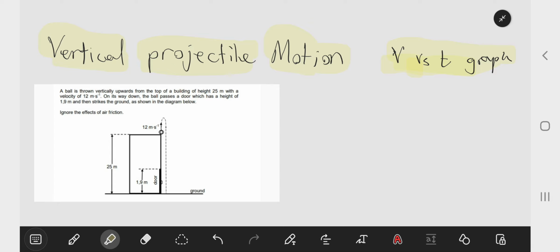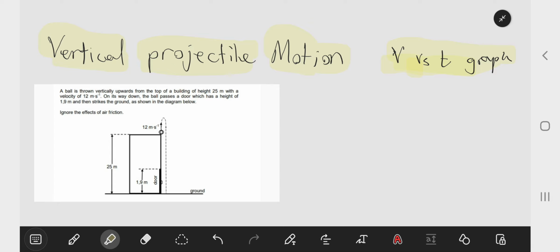If we look at the example that we have, which says a ball is thrown vertically upwards from the top of a building, it's a statement question, right? There's a lot of wording and a lot of English involved. Sometimes you might be reading the statement and along the way you get lost on what's happening with the object.